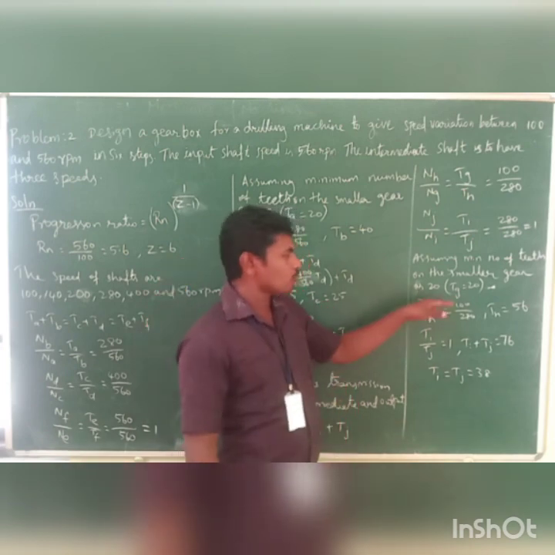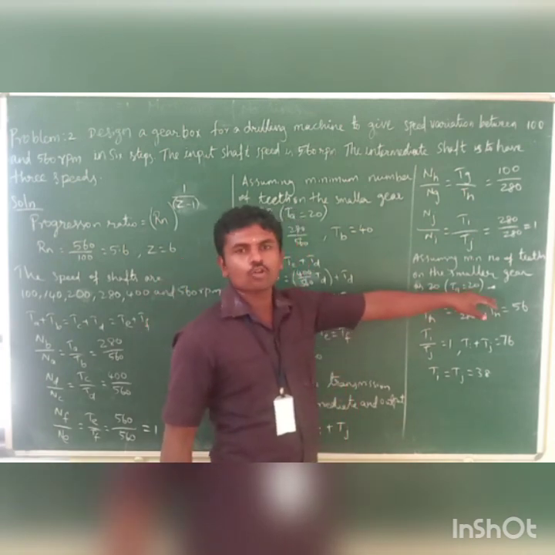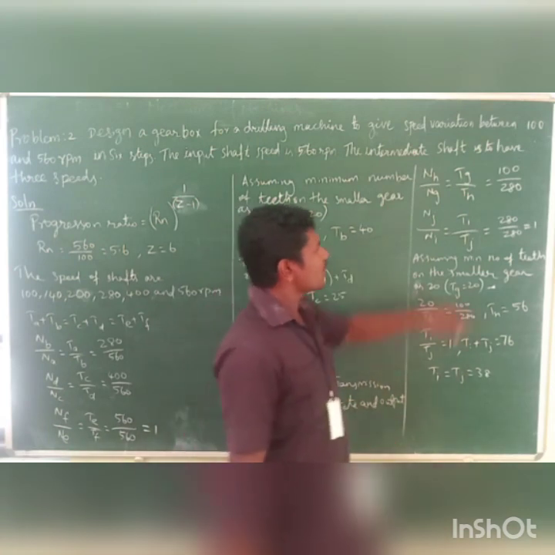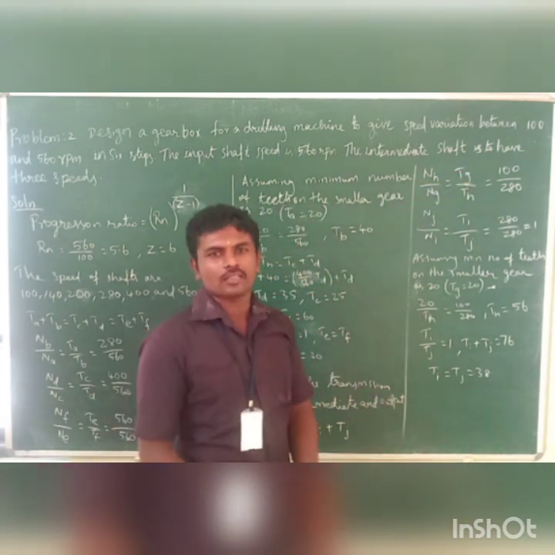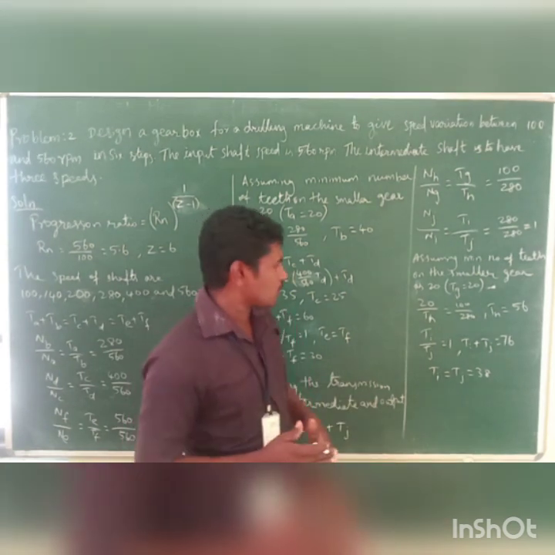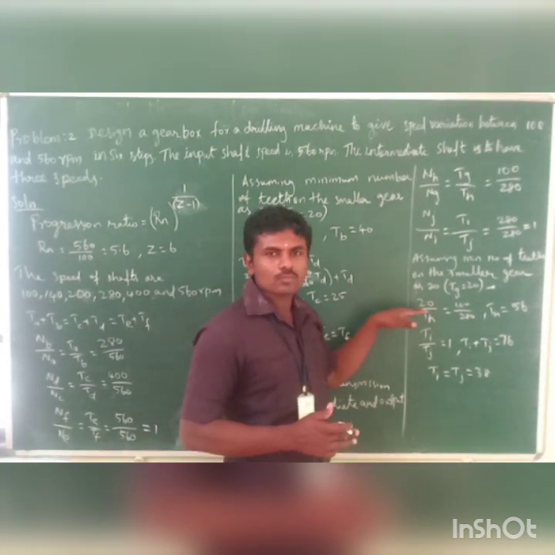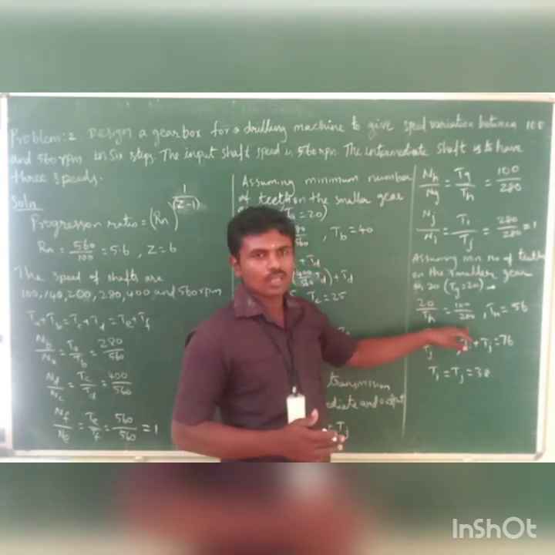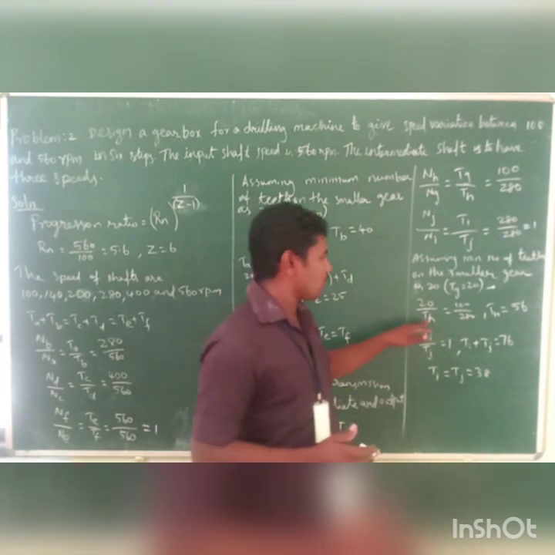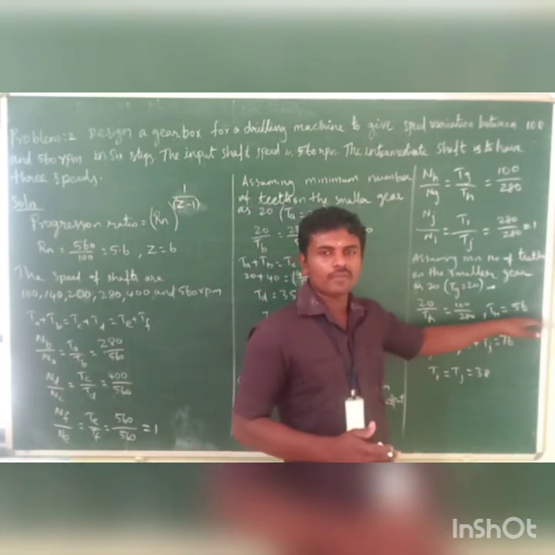Here I am going to assume TG equal to 20 teeth, because TG is the minimum number of teeth, that is the smaller gear. TG equal to 20. 20 by TH equal to 100 by 280. From that I am going to find the value of TH. The value will be 56.